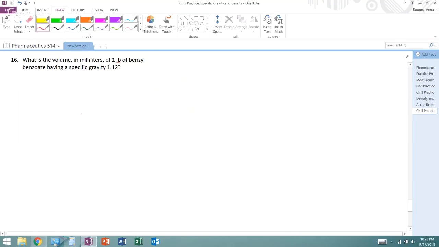So we take 1 pound and we would convert it to the metric from our imperial units, and that would give us the kilograms.